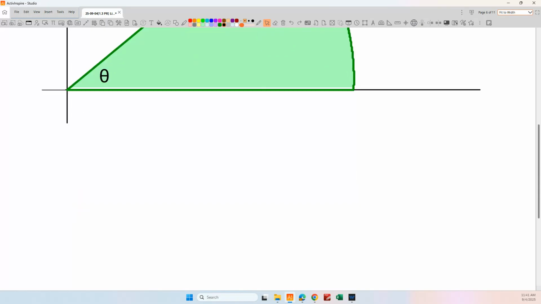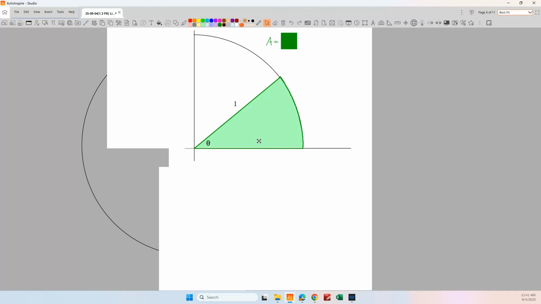And let's do something else here. Let's take a circle that's not necessarily a unit circle.